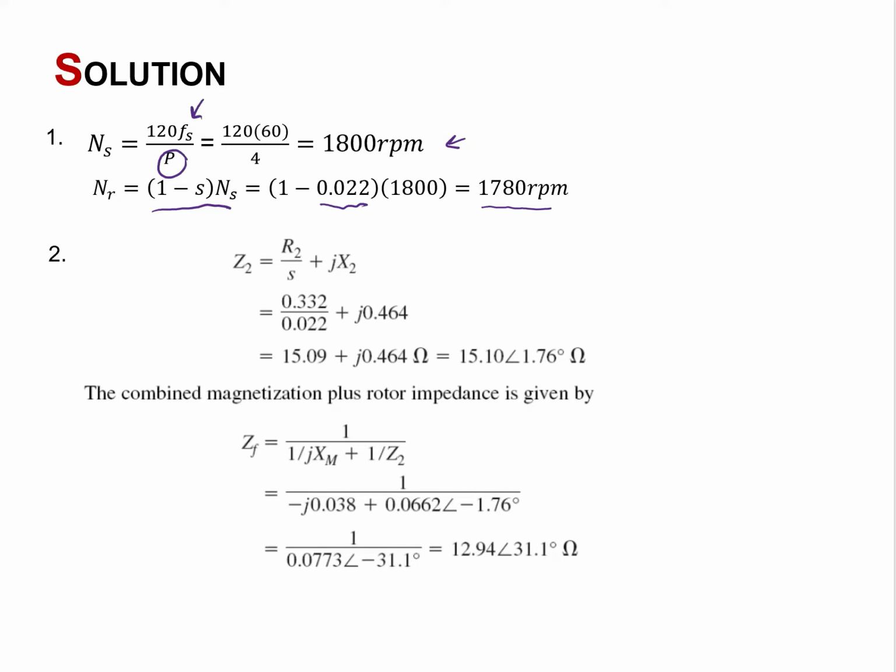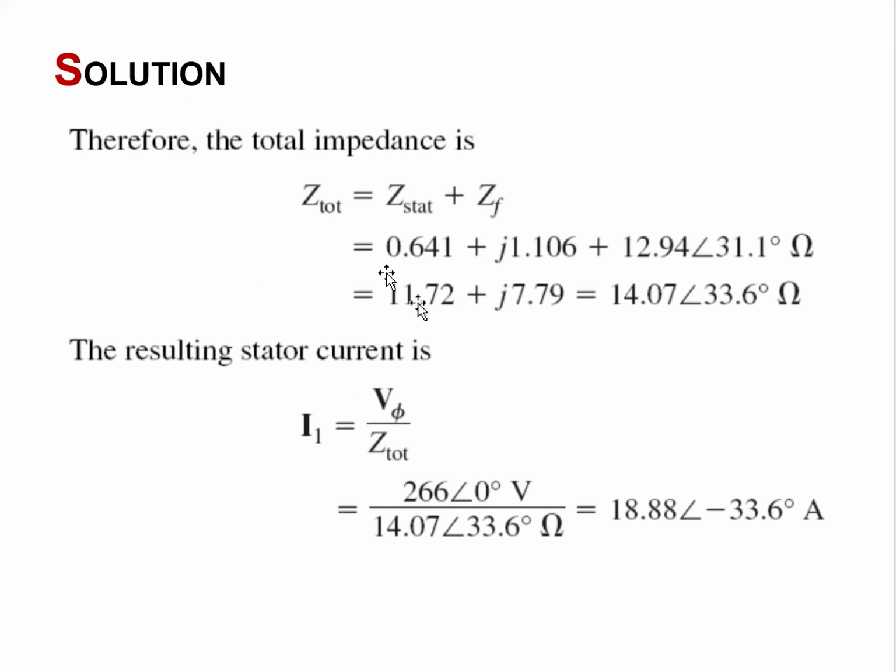So over here we are just taking the parallel values of the magnetizing reactance with Z2, which has been calculated over here. That is R2 over S plus jX2. And then finally, putting it in series, we're adding it with the impedance of the stator, we are going to get the magnitude and the phase of the impedance, which is seen at the stator.